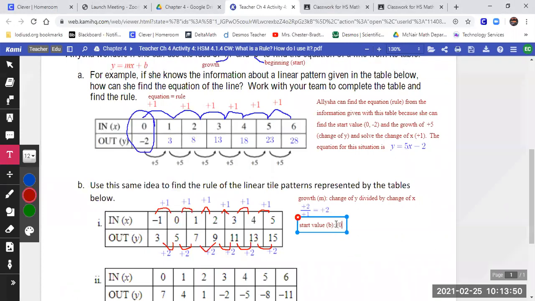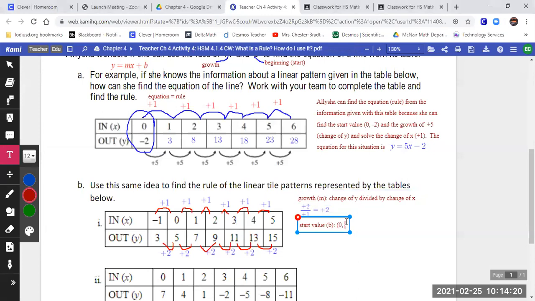Now 0, -5, 0, +5, what? +5. Okay, 0, +5.